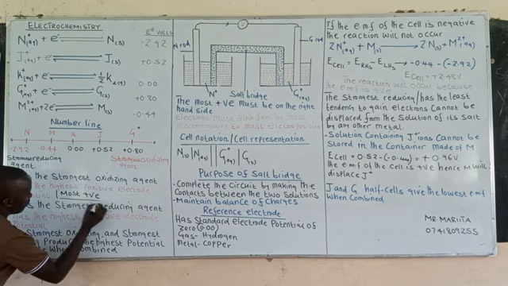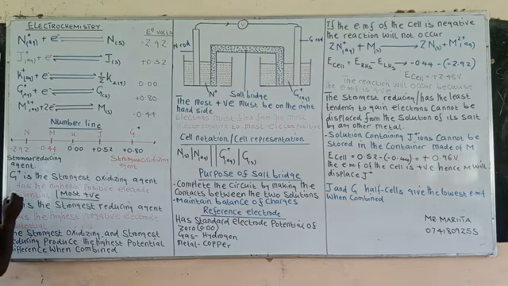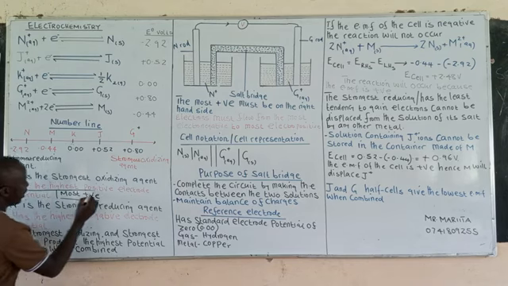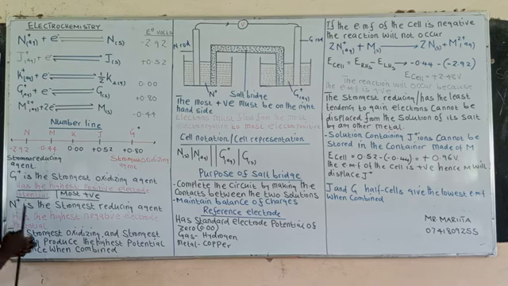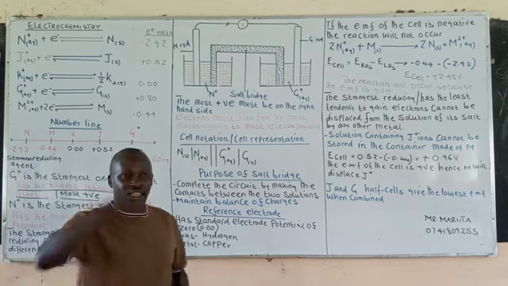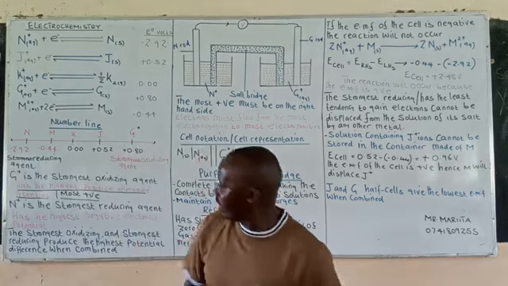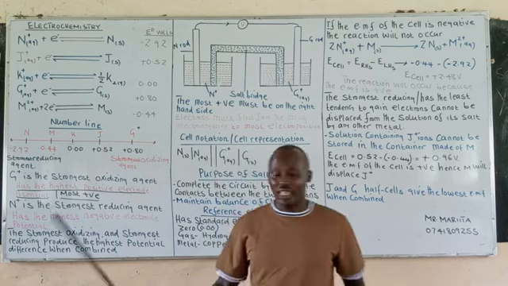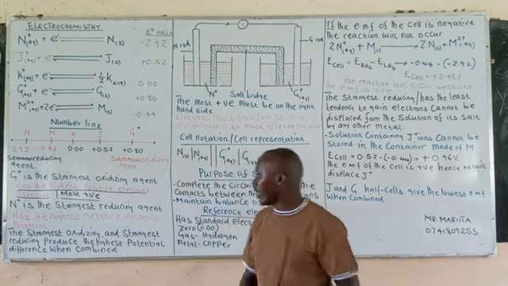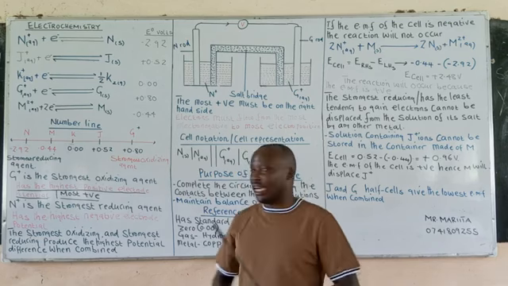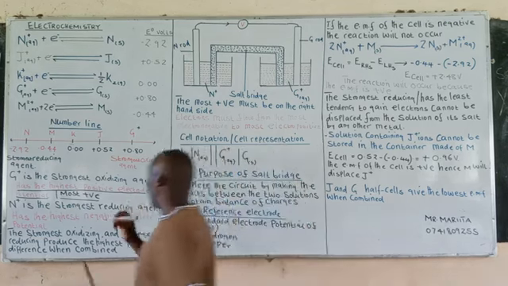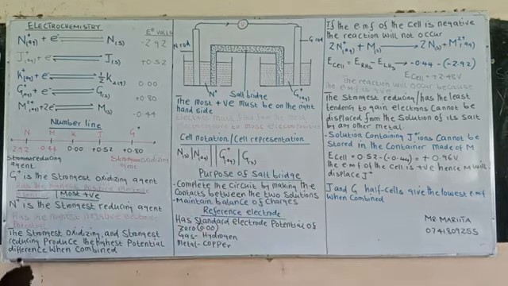So you just say it is the most positive, or it has the highest positive electrode potential. Identify the strongest reducing agent. In that case here you will identify that one as element N. The reason is it has the highest negative electrode potential, or you can just say it is the most negative.